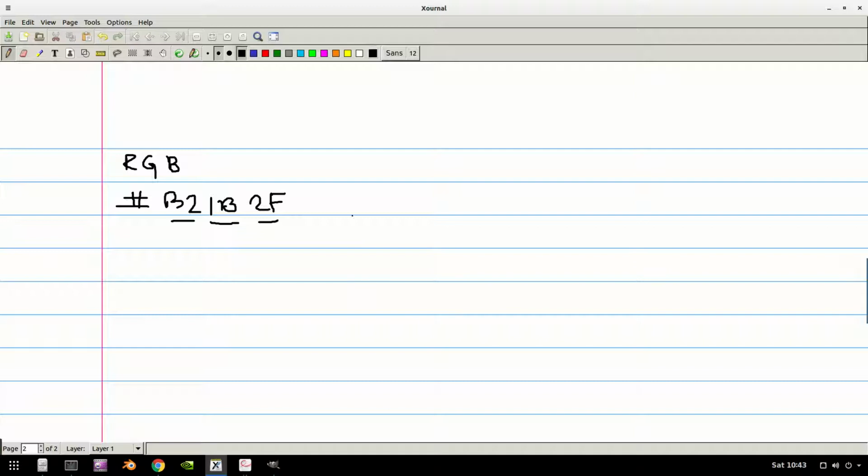What are our options for each hexadecimal digit? These are the options, but not all of them are safe.